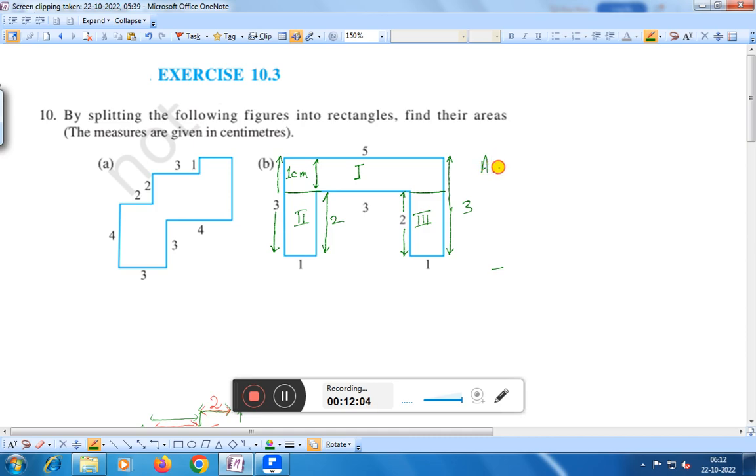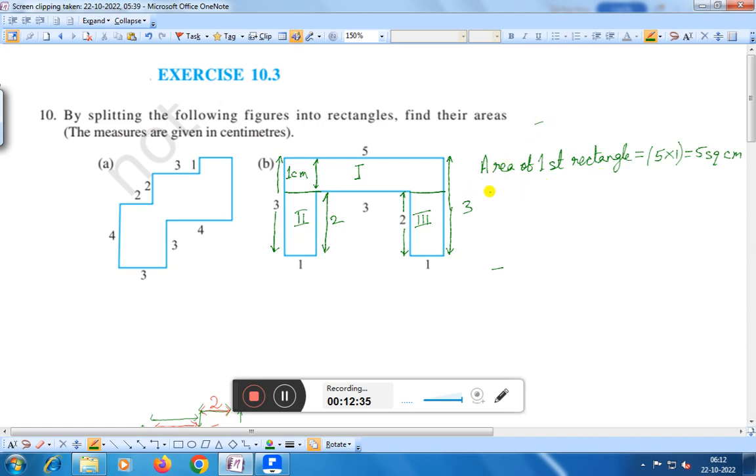The area of first rectangle is equal to 5 into 1, that is, length is 5 and breadth is 1, that is 5 square centimeter.